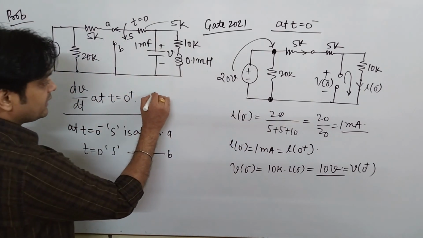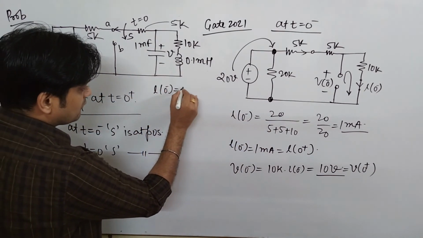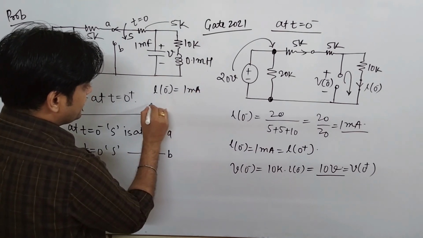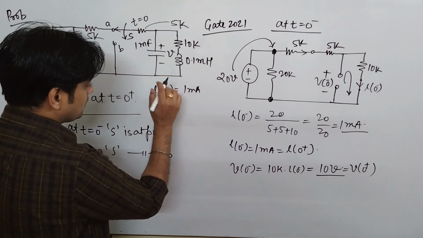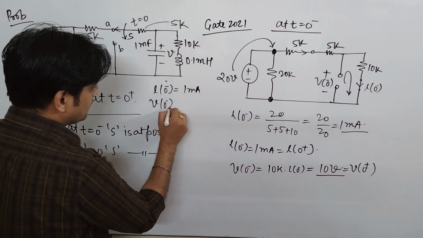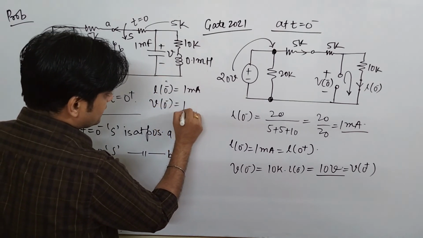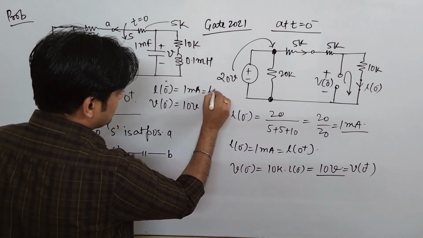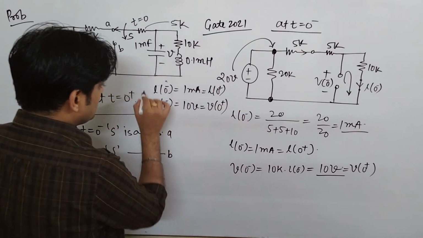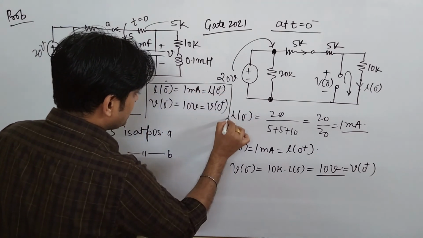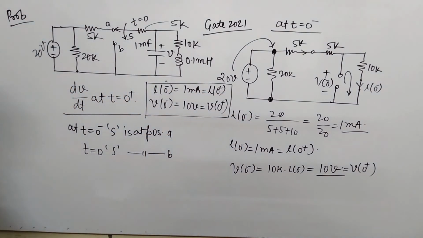We write these values as I0 negative is equal to 1 milliampere and V0 negative is 10 volt, and that is equal to I0 positive and V0 positive also. So these are the two important values which we have identified.